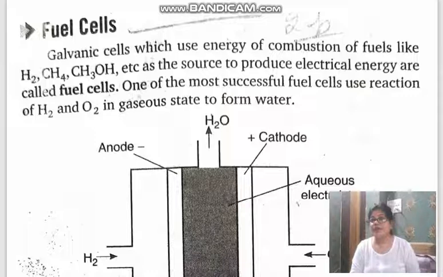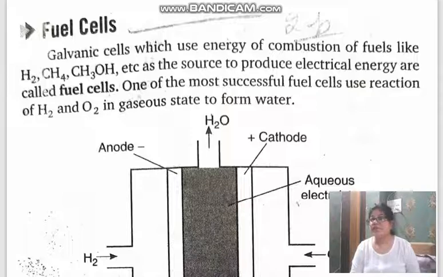That means, listen over here, the cells which use energy of combustion of fuels. When we burn fuels, not wood, but fuels like hydrogen and methane gas, and we get energy, then these are the fuel cells. These are the most successful fuel cells, and generally these are the reactions.